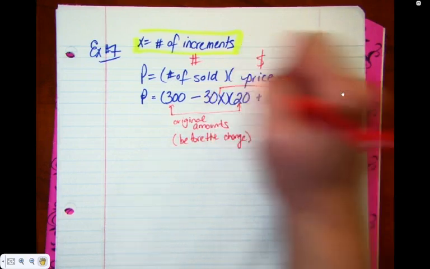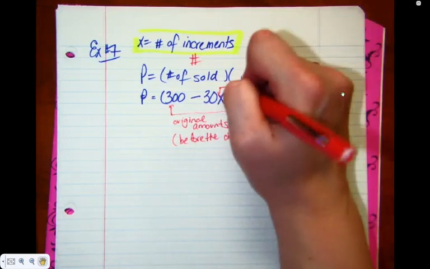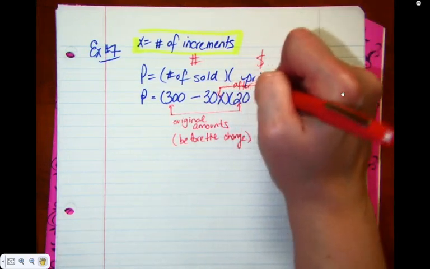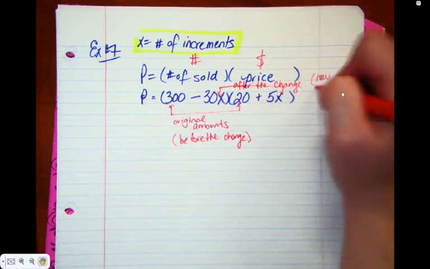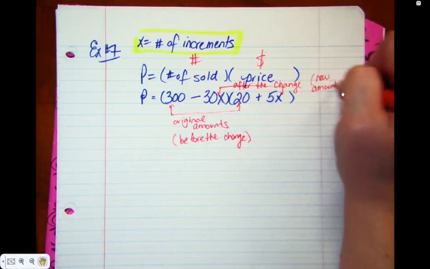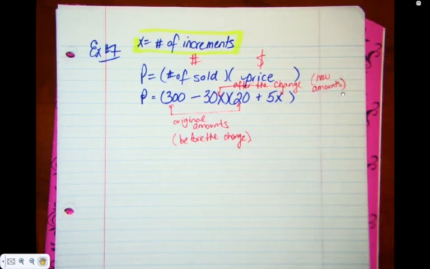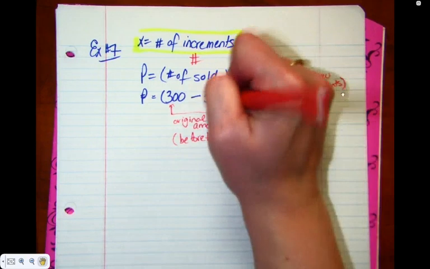The second numbers in each bracket are always going to be after the change, or the new amounts. The x's will always go in the back.